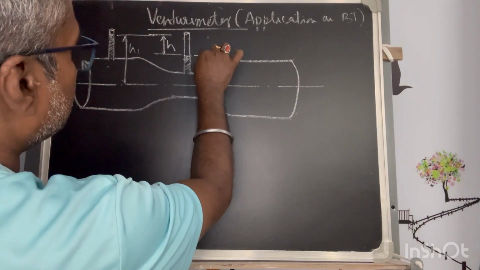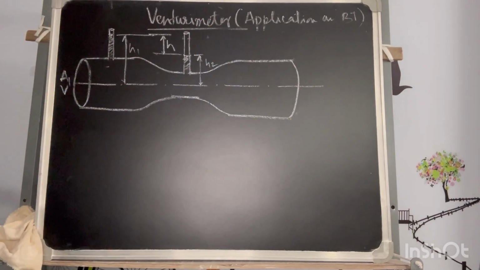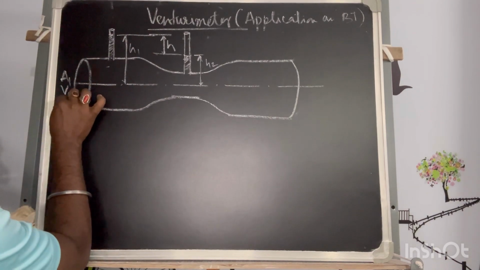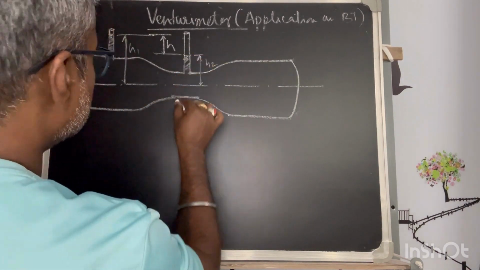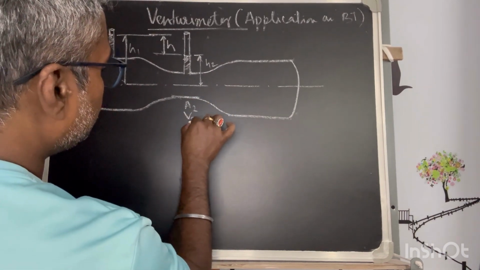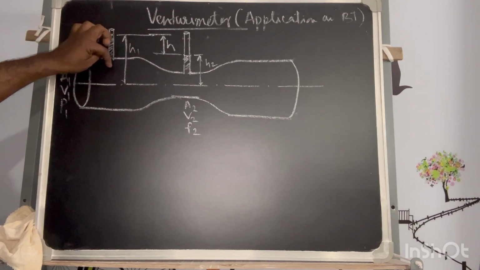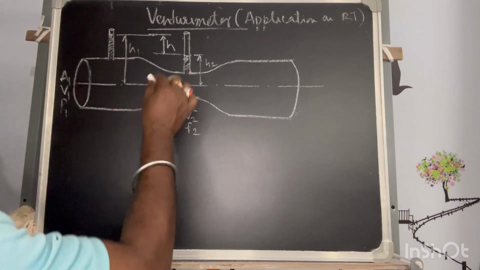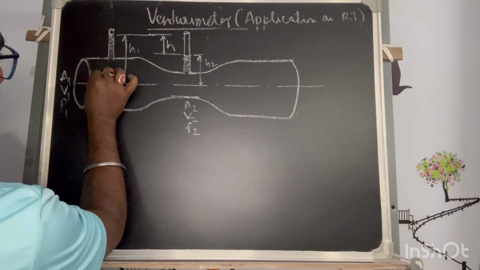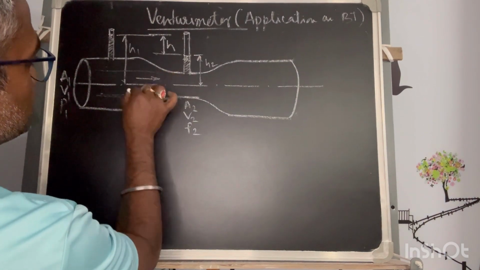From the center line to this line, it is H2. The cross section is A1 here, velocity is V1 and pressure is P1. At this point it is A2, V2 and P2. I am just considering just below these small tubes, and the fluid is flowing from this direction. The direction of flow is this one.